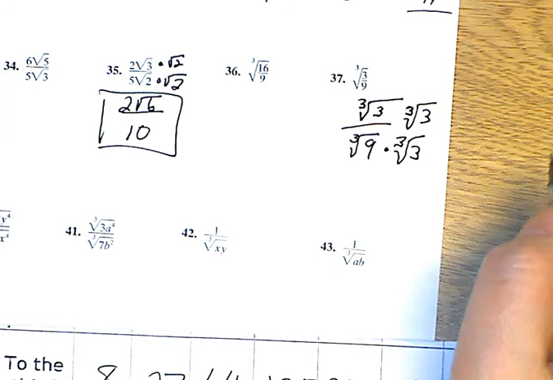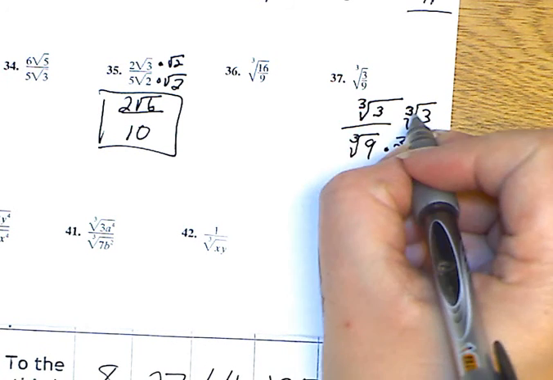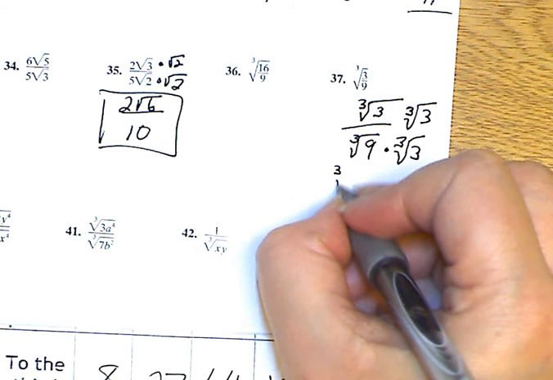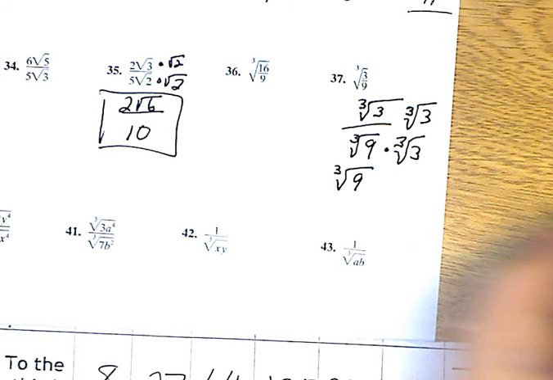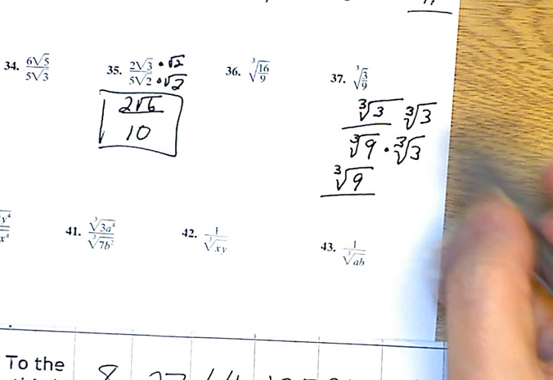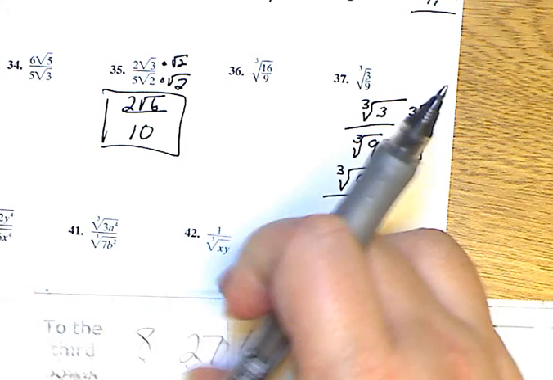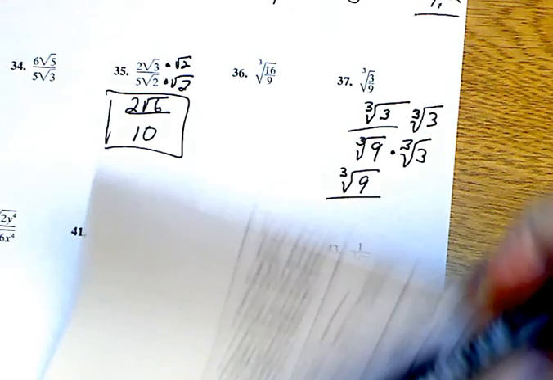So we have the cube root of 9 over the cube root of 27, which we know the cube root of 27 is 3.